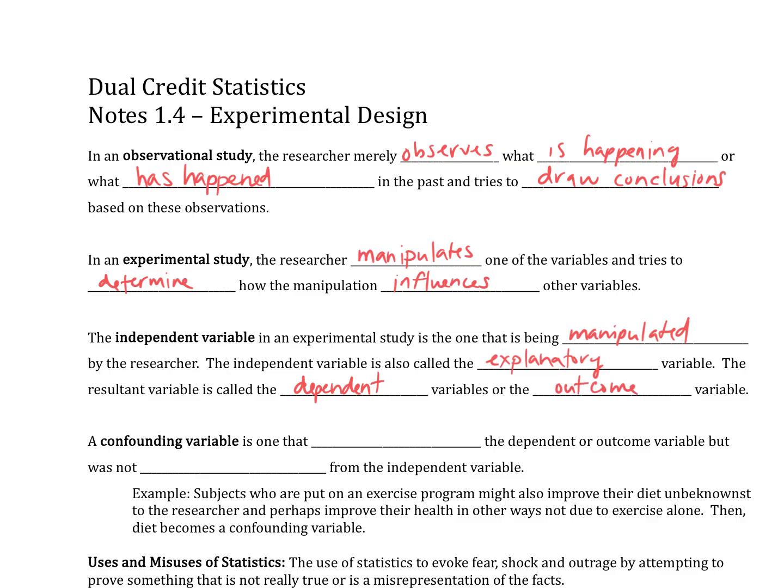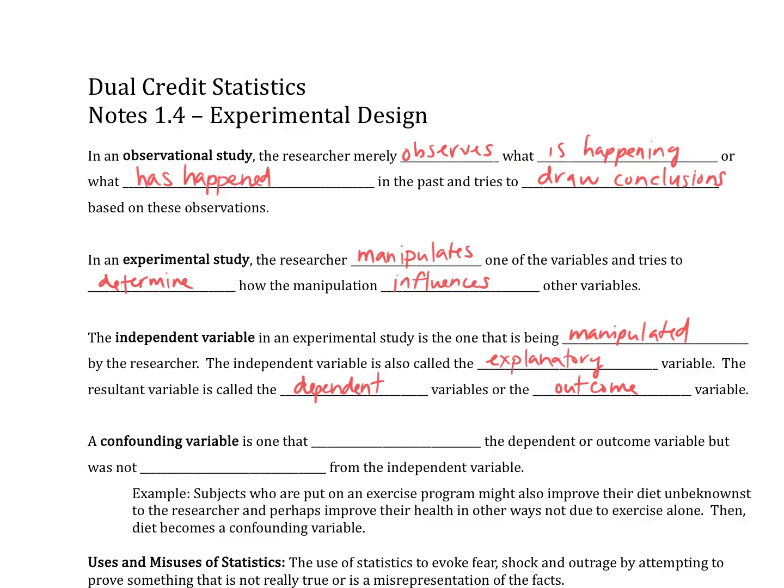So just like when we were in algebra and I'm like, hey guys, remember roots, solutions, x-intercepts, all this means the same thing. You have multiple ways that I can ask. So if I ask you about the explanatory variable, you have to know I'm talking about independent. If I ask about the outcome variable or the resultant variable, you have to know I'm talking about the dependent. So it's just terminology you have to learn. Is that okay? Because it may say it one way in one question and a different way in another.